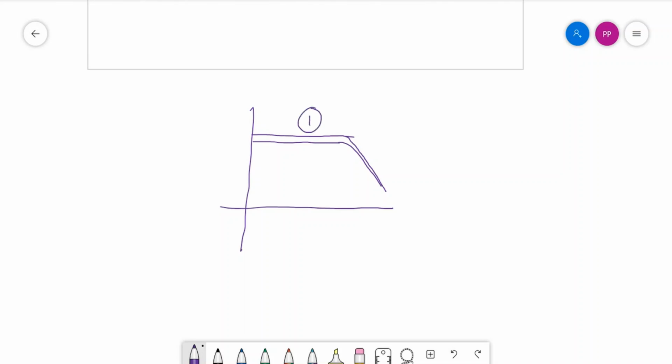As we discussed in previous lectures, these are the two asymptotes which are combined to make this final plot, and this is the frequency where the system power will be half, so half power.